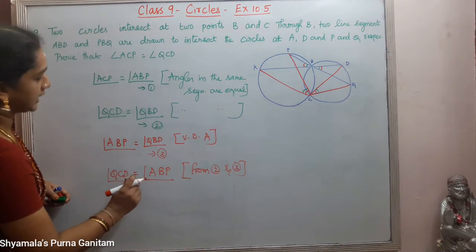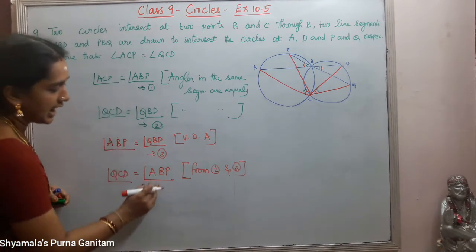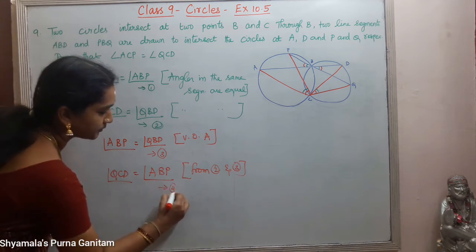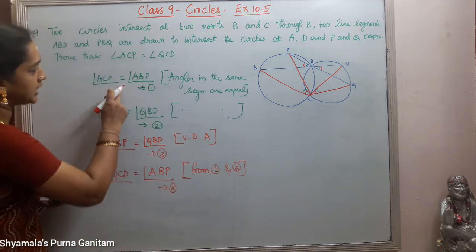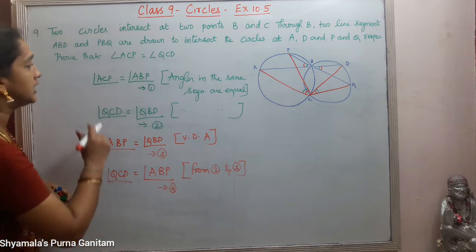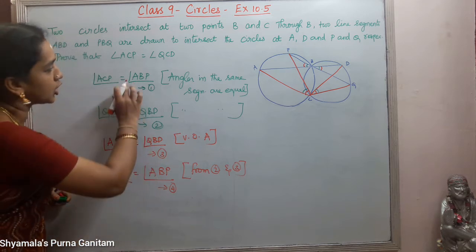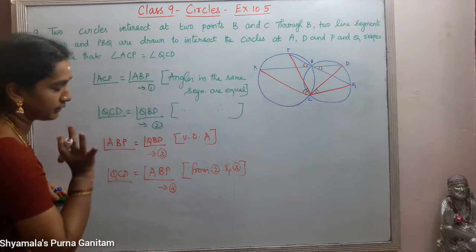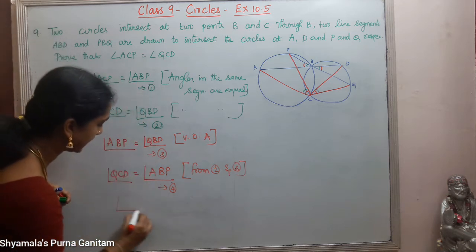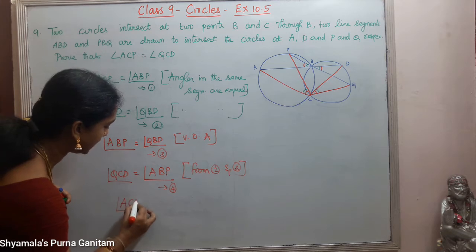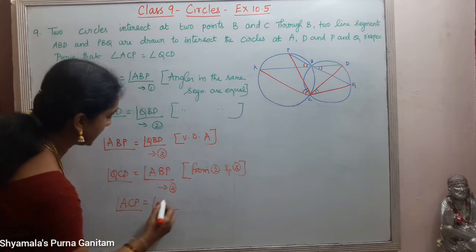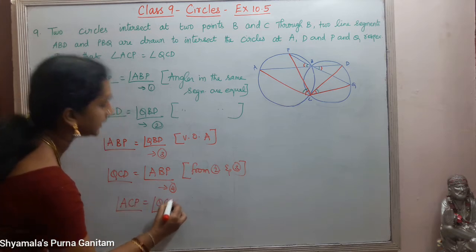Then if we compare the first equation and the fourth equation, angle ABP is common to both 1 and 4. So we can say that angle ACP is equal to angle QCD.